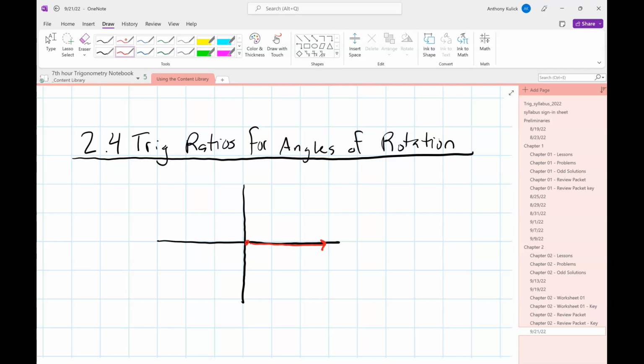I draw the initial side on the positive x-axis, and then I rotate that terminal side that many degrees, starting at the initial side, going counterclockwise if I have a positive angle and clockwise if I had a negative angle, right? Everybody's cool with that?